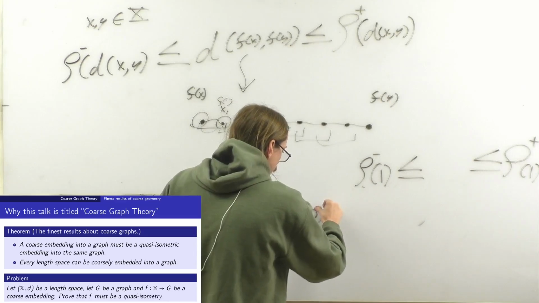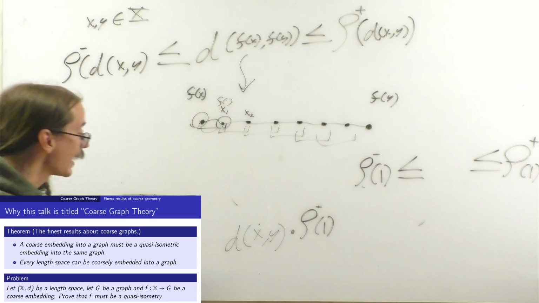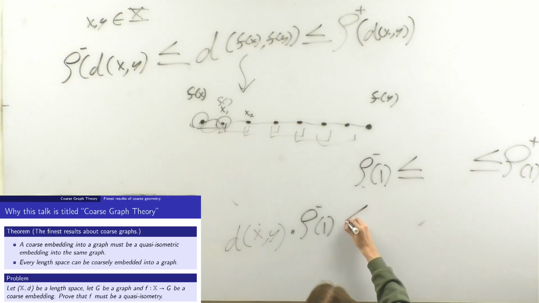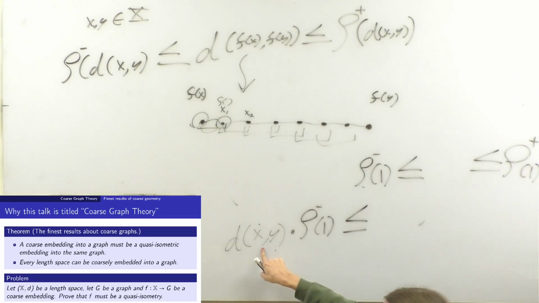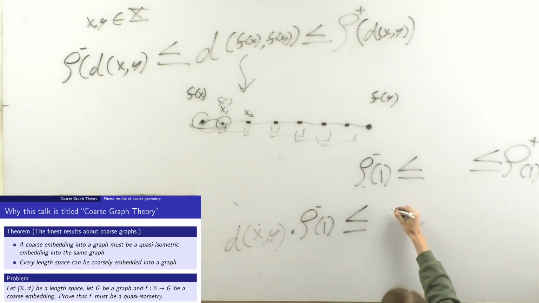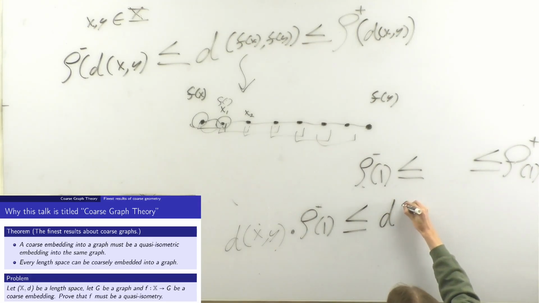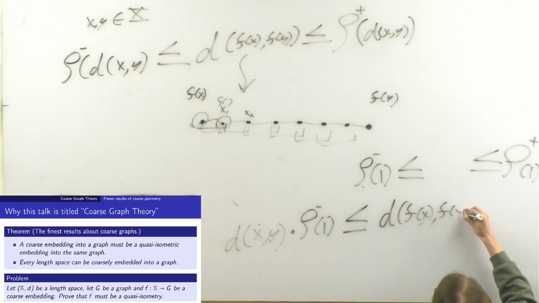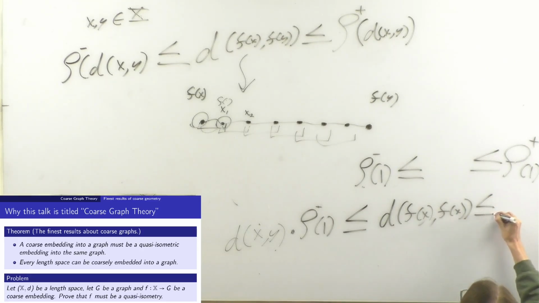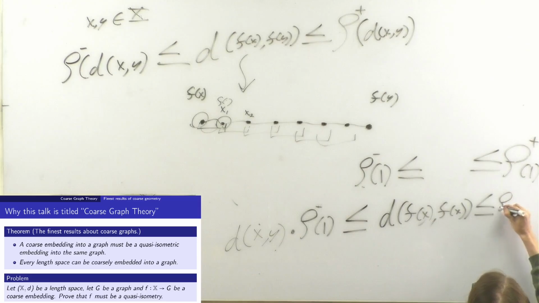And just to be a little bit better about it, we're going from a graph onto a length space here instead of the other way around. That means the distance on the graph is going to be at least the minimum length a hop goes to, times the number of hops. And then this is the distance in the length space, or in the image, let's just say. And that's going to be bounded by this rho plus times the number of hops.